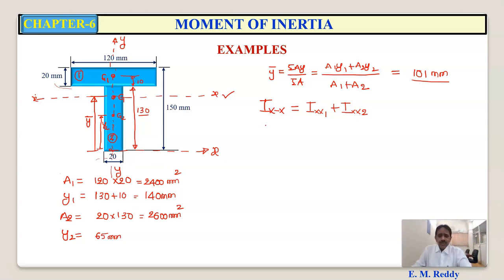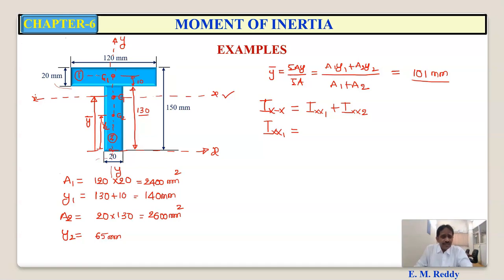So now, moment of inertia about the centroidal x-axis of rectangle 1 is equal to. Now, we are finding moment of inertia about the axis which is passing through the centroid of this entire figure. But whereas for rectangle 1, G1 is the centroid. Am I right?